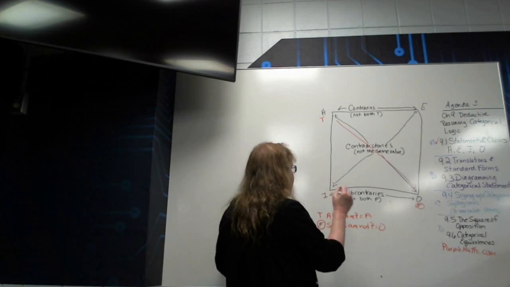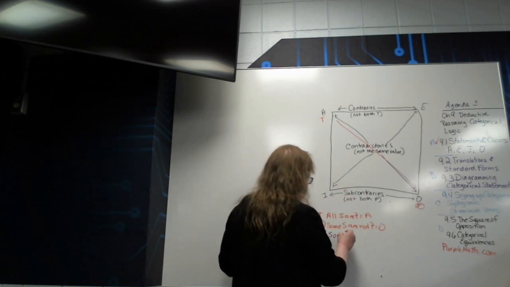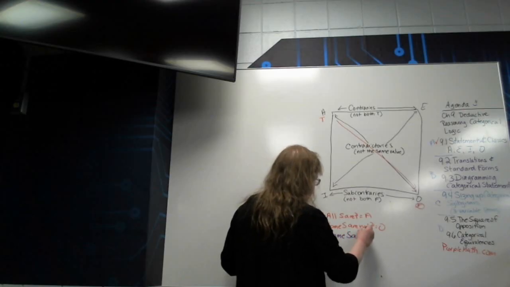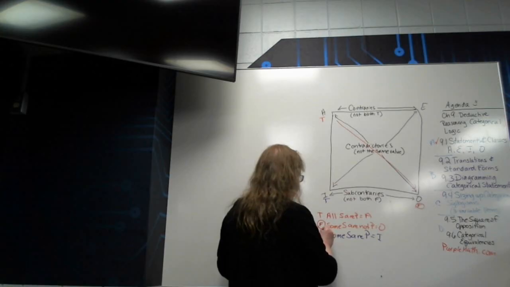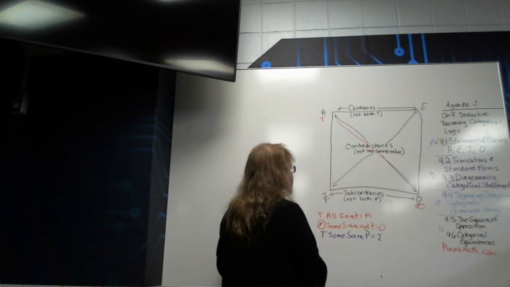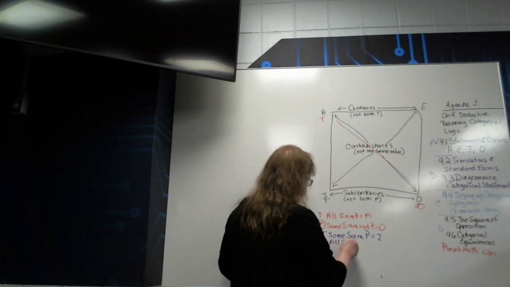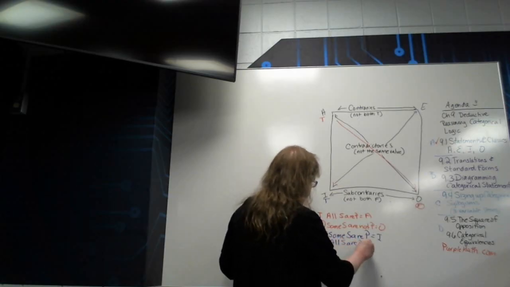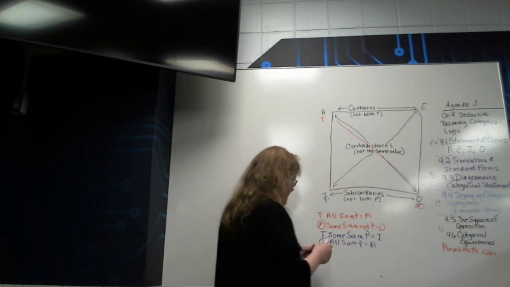So if I have some S are P, that's an I statement. Okay, so this one's my true. And then I have an A statement, all S are P. That's an A statement. Okay, so I've got to figure out what that one is.